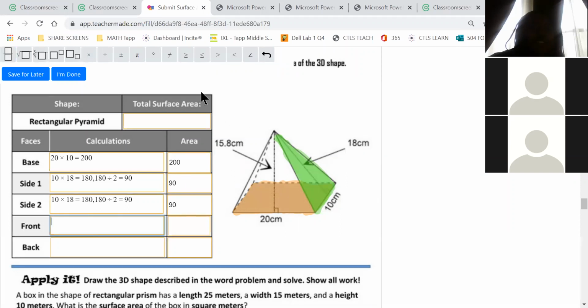Now it's time for us to go ahead and get our front and back solved. So I'm going to highlight what the front is. Again, another triangle. All right. So now that I can see this triangle a little bit better, I see that the base of this triangle is 20.